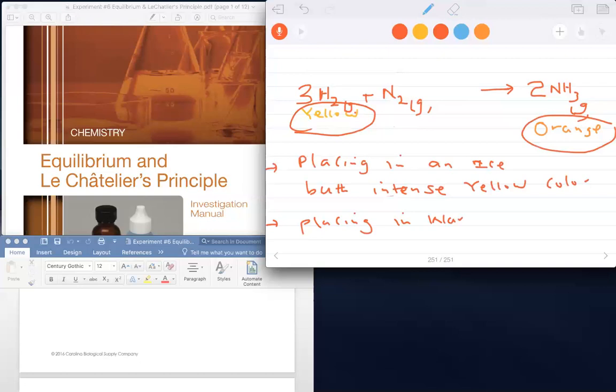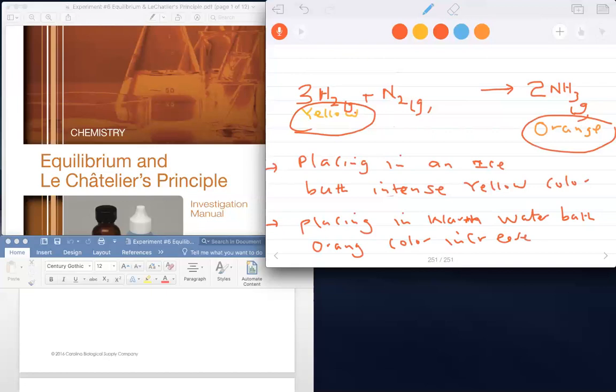Warm, this is a warm water bath. Orange color increase, or you notice that.